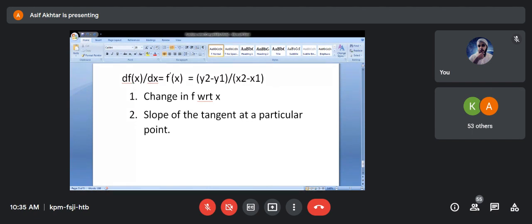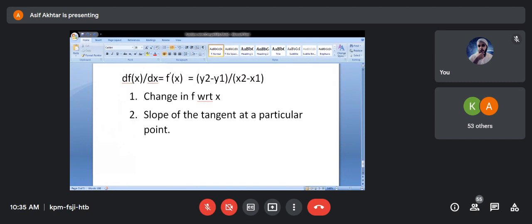No, this is a general definition. You can apply this definition anywhere, irrespective of the nature of the function, whether it is demand, supply, cost or revenue. The only requirement is that you should have a mathematical expression, a function f(x).